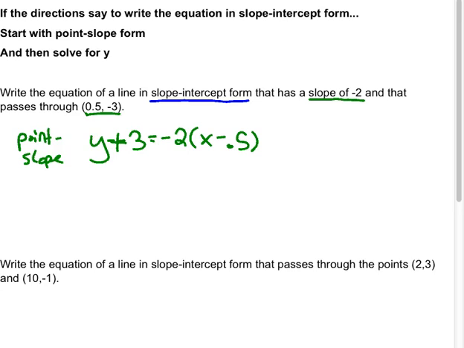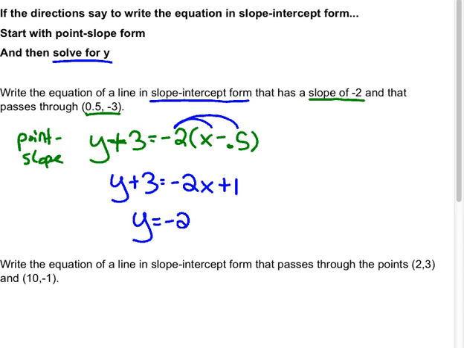Slope-intercept, what that means is solve for y. Remember it means I would have to get the y completely by itself. So that would imply distributing that -2, -2 times -0.5. You can use your calculator to help you with that. That ends up just being a +1. And then subtract the 3.